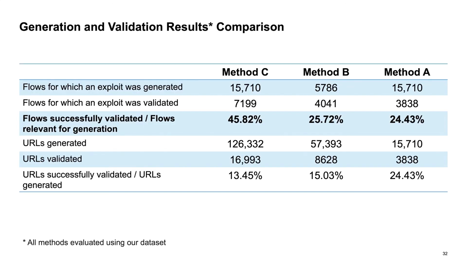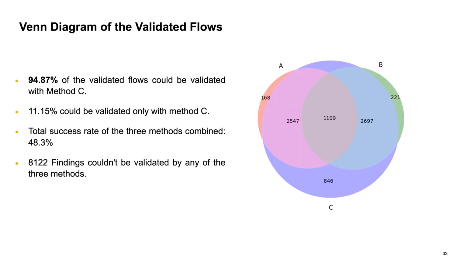And here are the results of the generation and validation phases. Note that we ran the 3 methods on the same dataset. With method C, almost 46% of the relevant flows could be successfully validated, which represents an improvement of 1.9 over method A and 1.8 over method B. With method C, we also generated more exploits than with the 2 other methods.